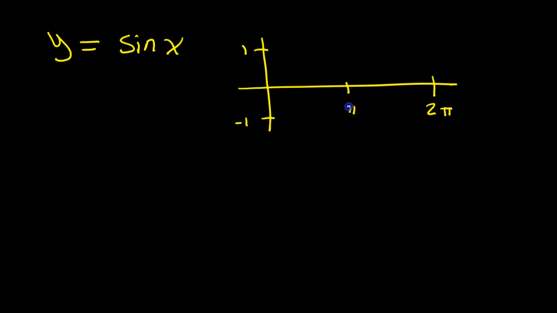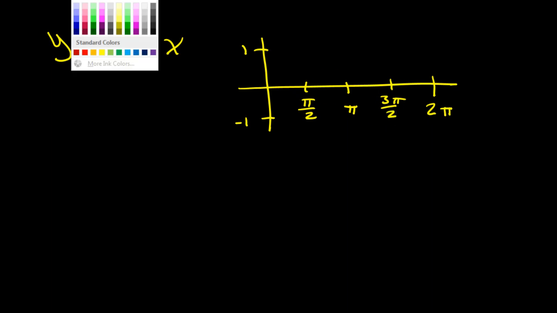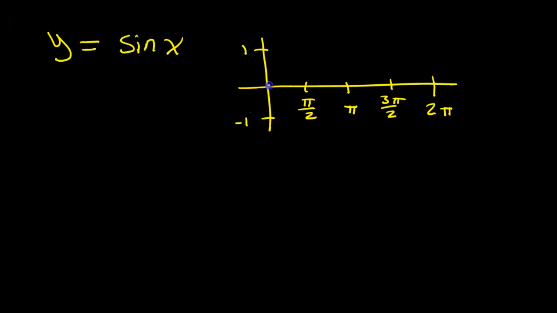So here in the middle would be pi, and this would be pi over 2, and this would be 3 pi over 2. So your basic sine function starts at 0, and then it goes up, and then back to the midline, and then it goes down to its minimum, and then back to the midline. So this is what your basic sine function looks like, and you should memorize that.